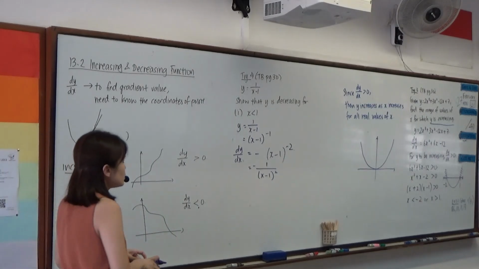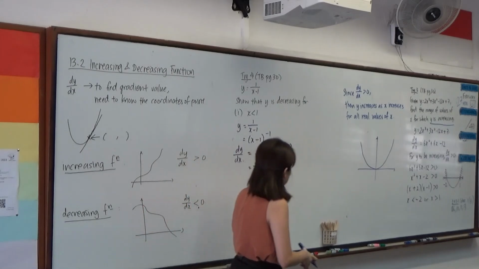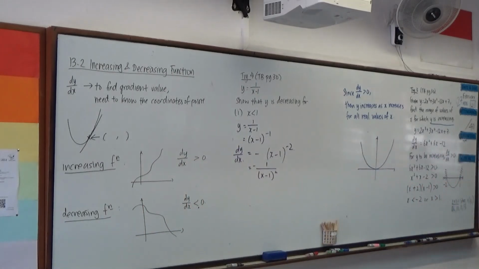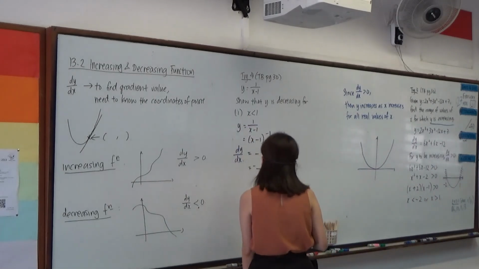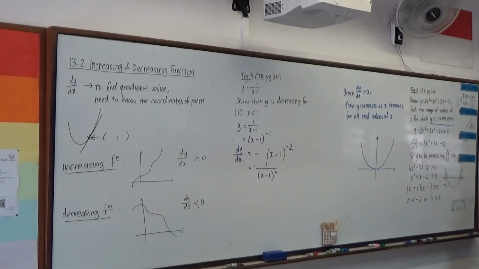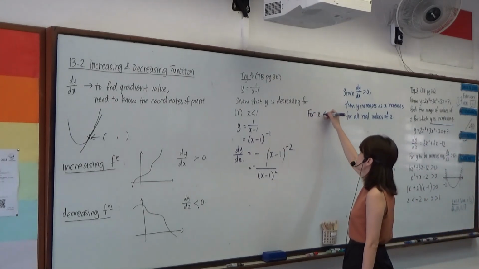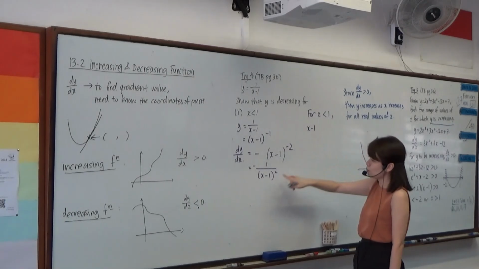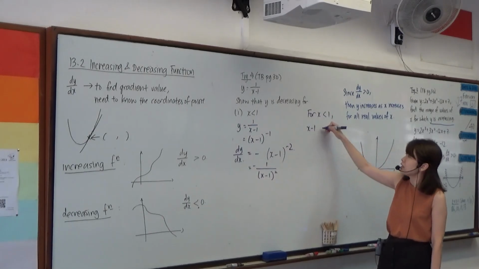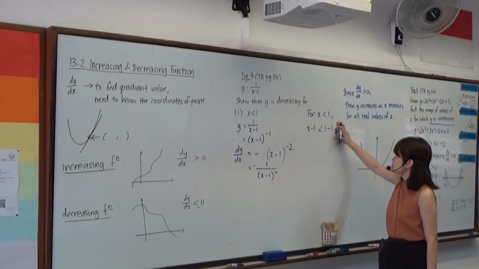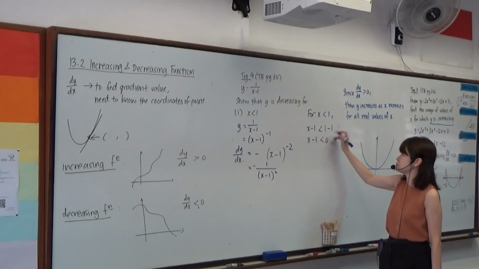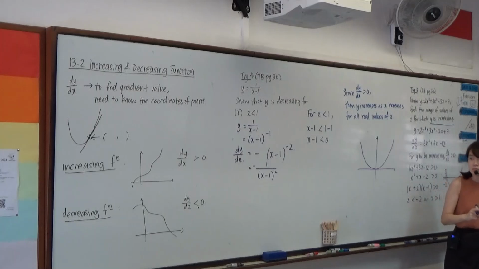So we need to show that this is going to be negative. Hang on, let me just check. We want to show that this is going to be negative when x is less than 1. So when x is less than 1, working inside the bracket first, x minus 1 will be less than 1 minus 1, that is 0.